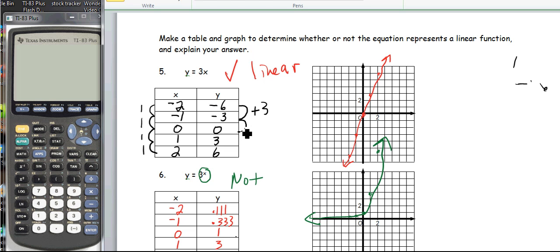From -3 to get to 0 you have to add 3. From 0 to get to 3, and from 3 to 6, you add 3. So we notice that everything is going up at the same rate. If these are the same on the left, then they should be the same on the right.